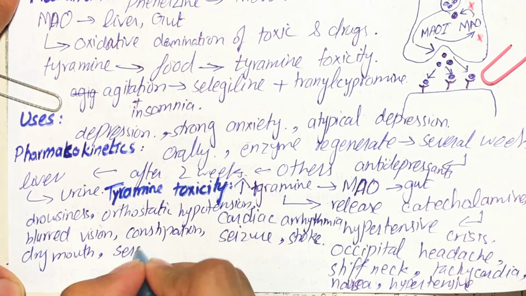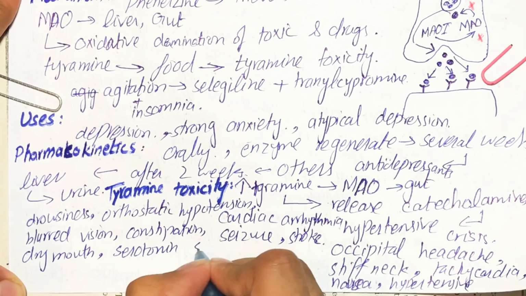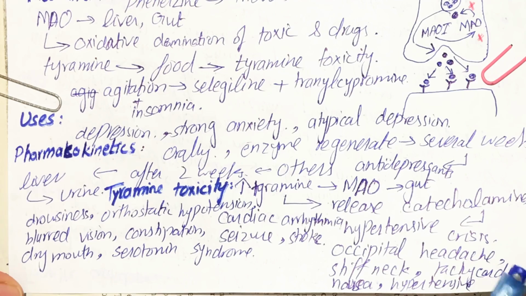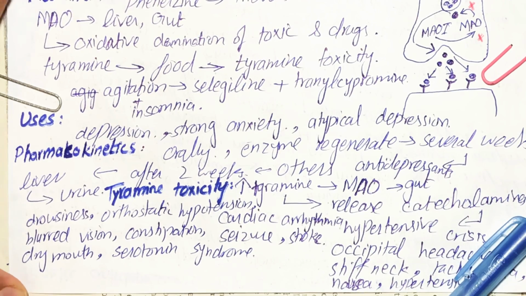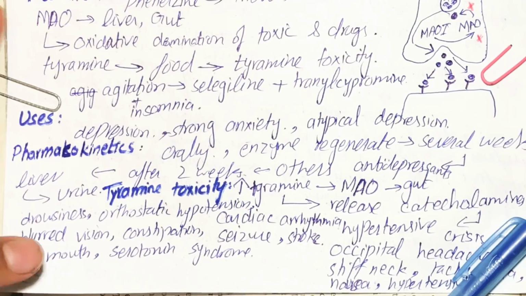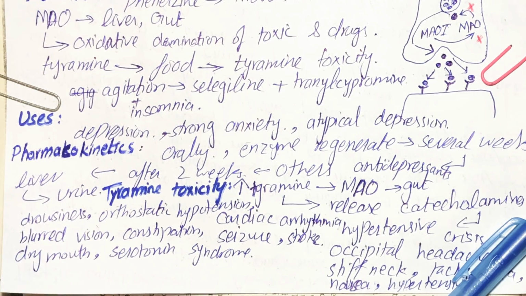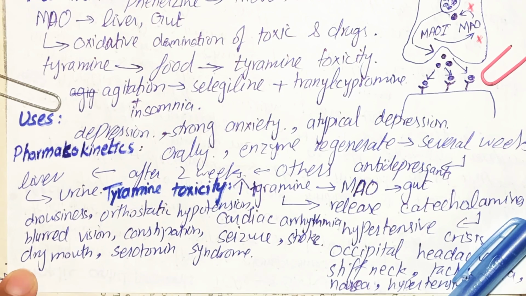It can also cause serotonin syndrome. And what is serotonin syndrome? We have talked about this in our previous video. Serotonin syndrome occurs when there is an increase in the concentration of serotonin inside the brain. Therefore, MAOIs should not be taken along with any other antidepressant drug because it can increase the concentration of serotonin in the brain to a dangerous level.